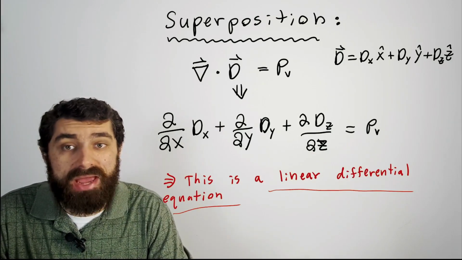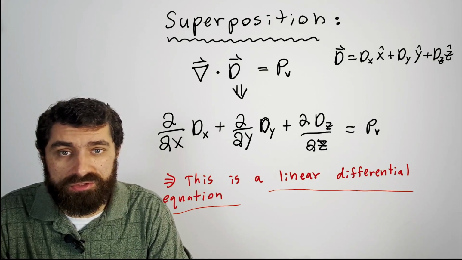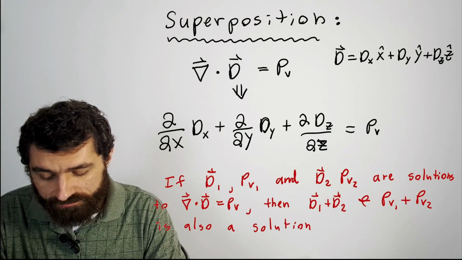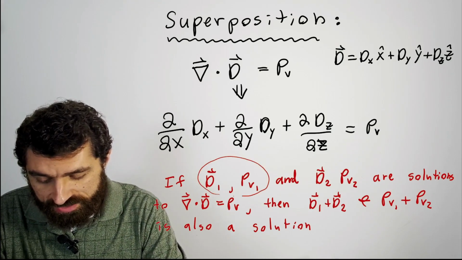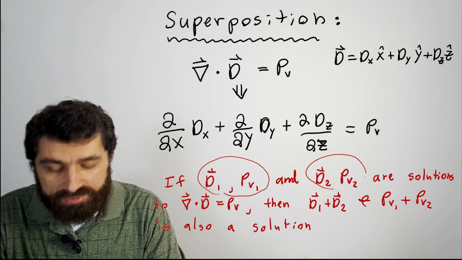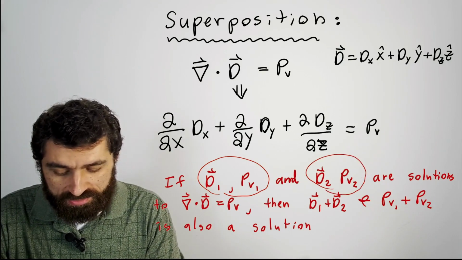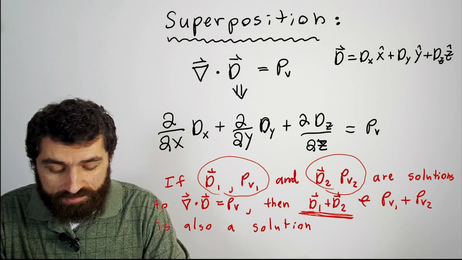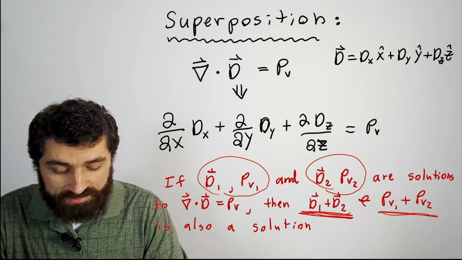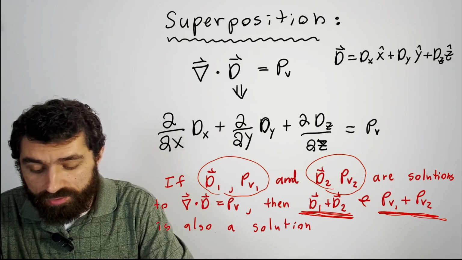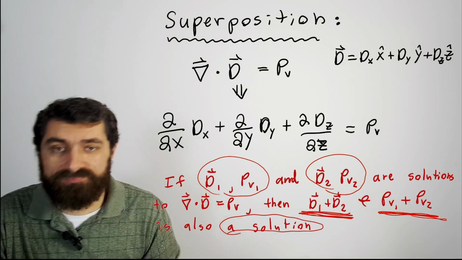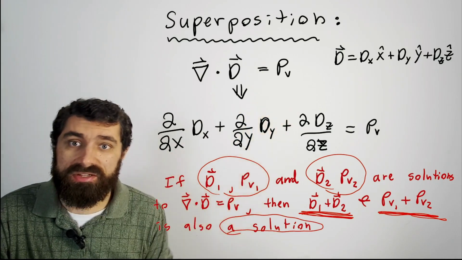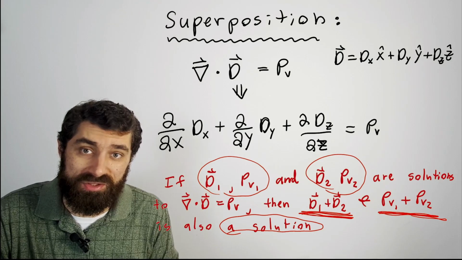And mathematically, if it's a linear differential equation, then if you have one solution to the equation, and then you have another set of solutions to the equation, then the sum of these two solutions, D1 plus D2, and rho v1 plus rho v2, is also a solution. And so that means that essentially embedded in this equation is the principle of superposition as well.